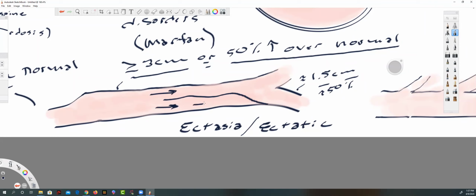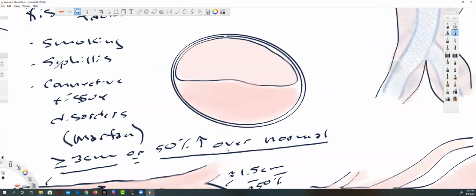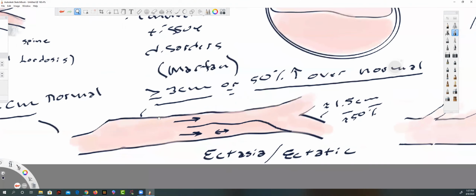It might do a little bit of back and forth flow. So that's a dissection in long, a dissection in transverse. Oh, another great way. These could be hard to see.